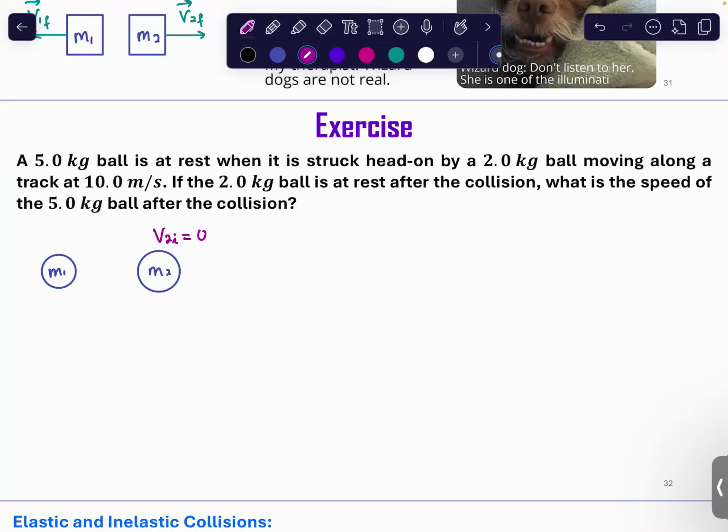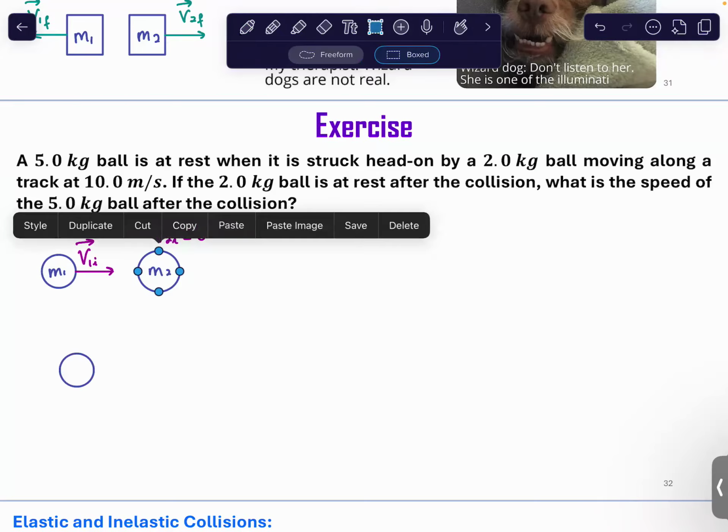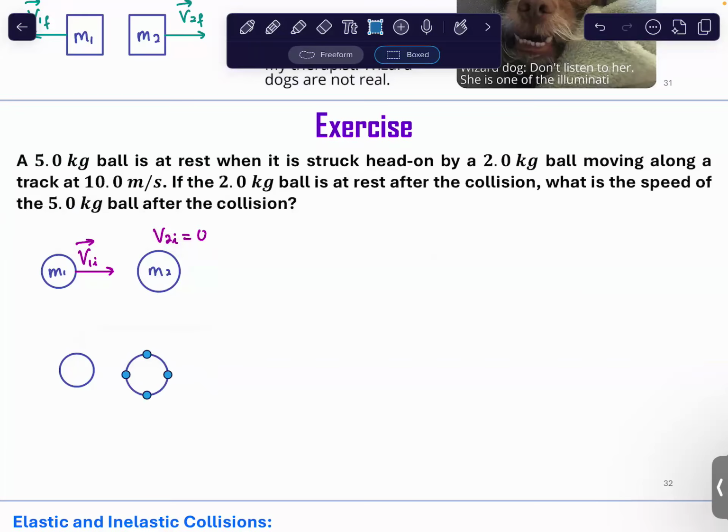Mass 1, however, is moving. They're going to hit each other, at which time mass 1 won't be moving.